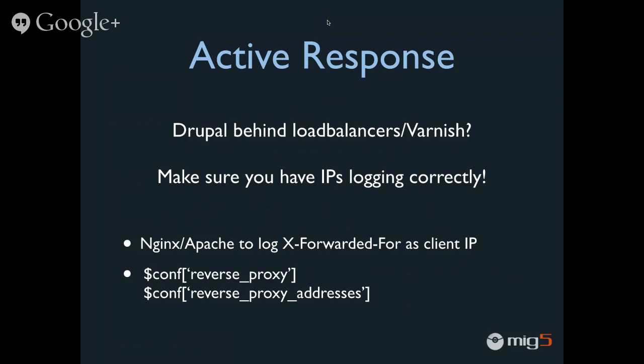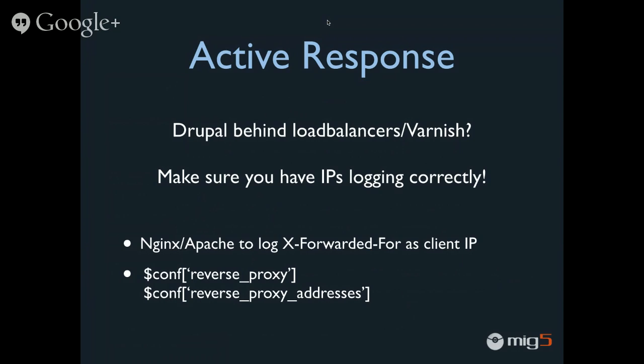And you don't want OSSEC to be blocking your Varnish server from your Apache server, because then you've locked out all your legitimate traffic. But also, if it's coming up as localhost, OSSEC's probably not going to block 127.0.0.1. I think it's whitelisted out of the box. So it's going to just be ineffective.